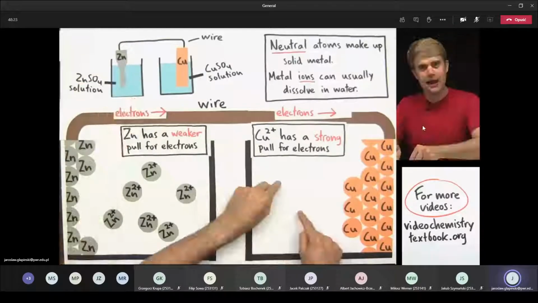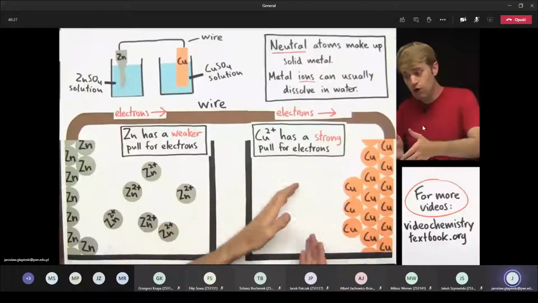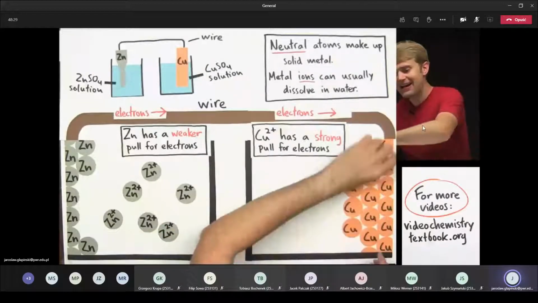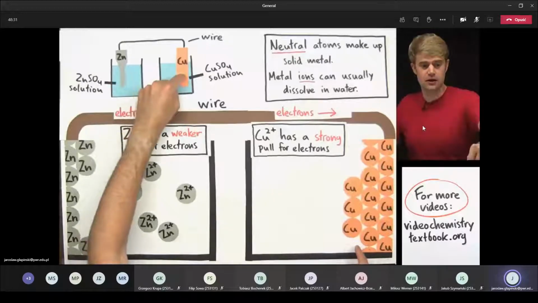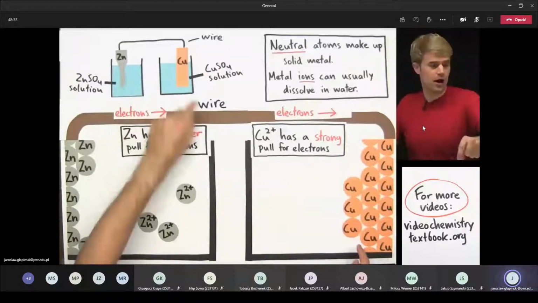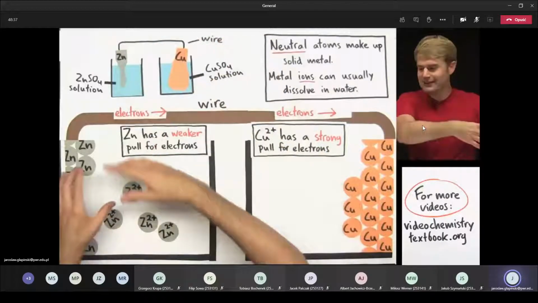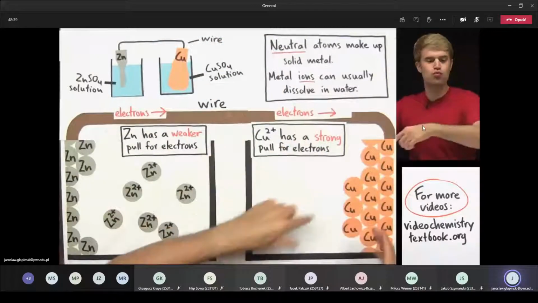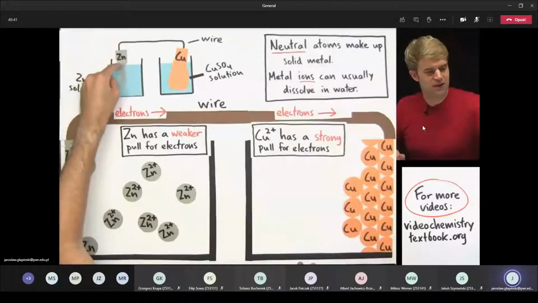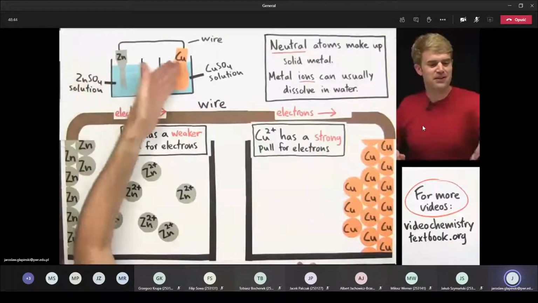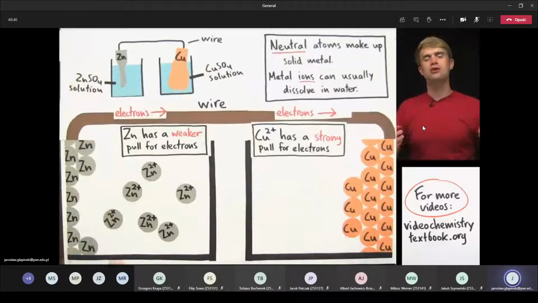But then on the other hand, those Cu2+ ions are coming out of solution and are attaching to the solid copper. And so they're going to make this piece of solid copper bigger and bigger. And so if we let this voltaic cell run for long enough, we'll eventually see that these 2 pieces of metal actually change size and shape.